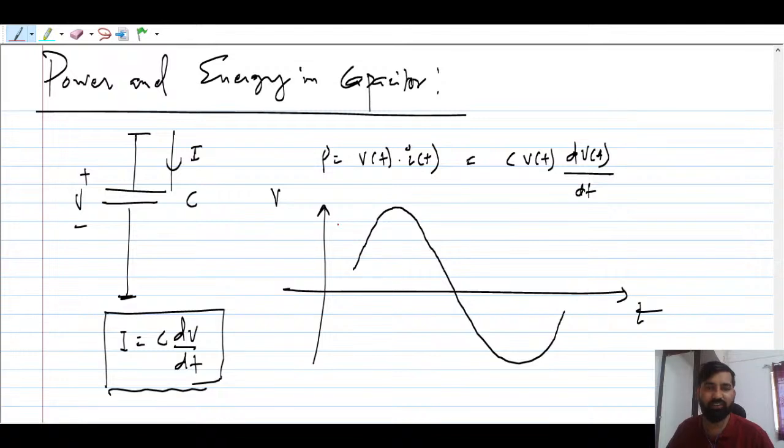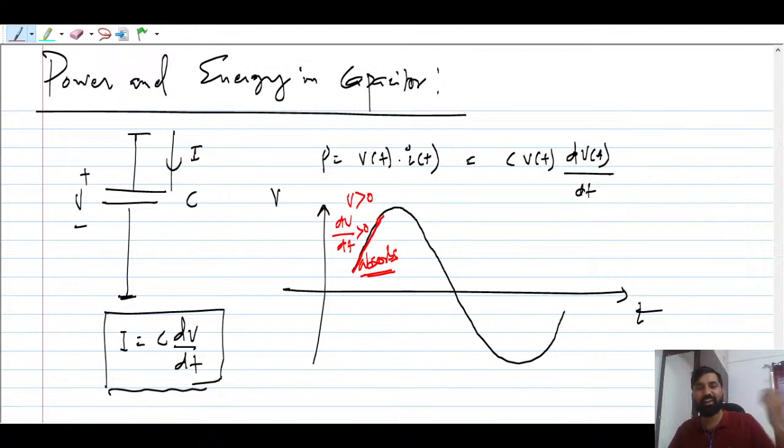Here the voltage is greater than 0 and the rate of change of voltage dv/dt is also greater than 0. In this case your power is going to be positive, so it absorbs power. dv/dt is positive means the slope is positive here.